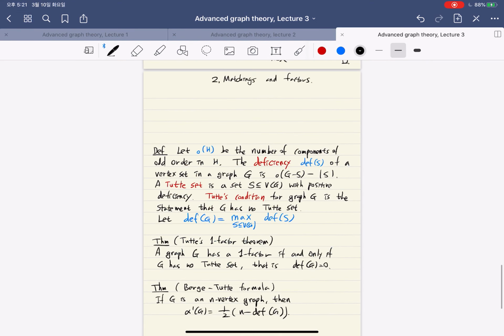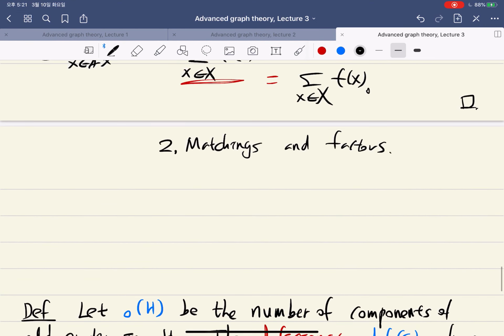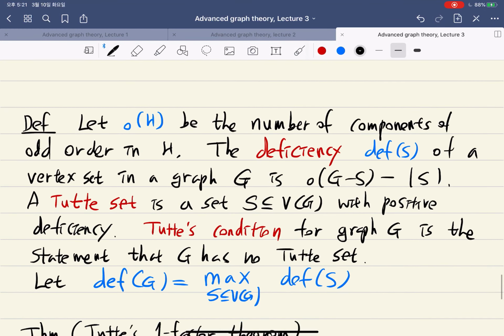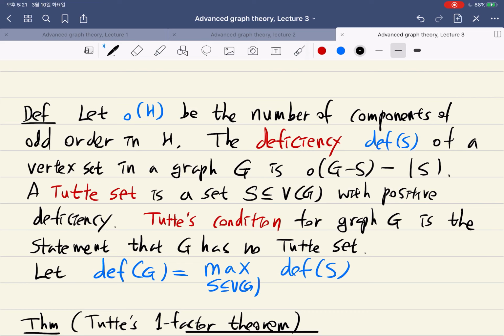So in the undergraduate graph theory course, we learned about several theorems about matchings and factors. And for general graphs, we have the Berge-Tutte formula. I mean, Tutte's 1-factor theorem, which says which graphs have a 1-factor, and the Berge-Tutte formula says what the largest size of a maximum matching in a graph is.